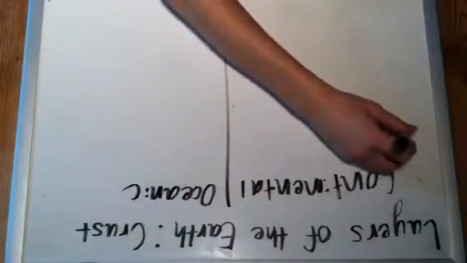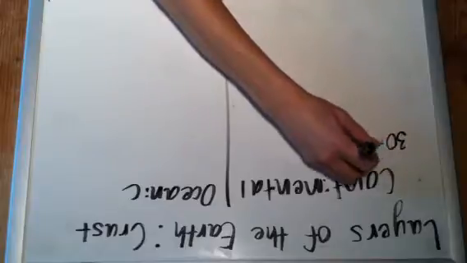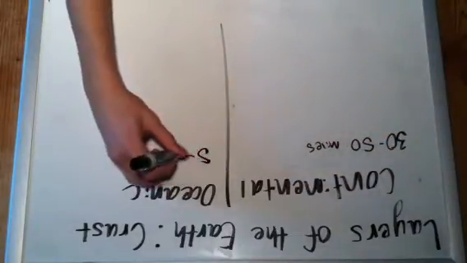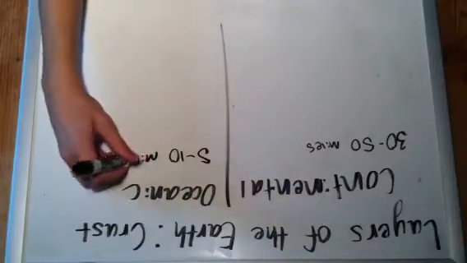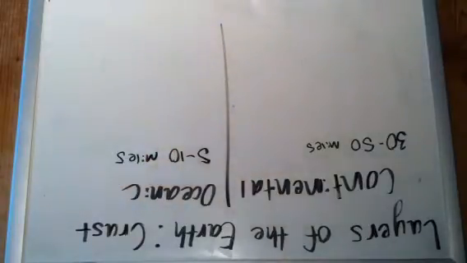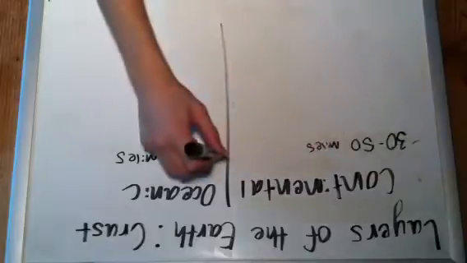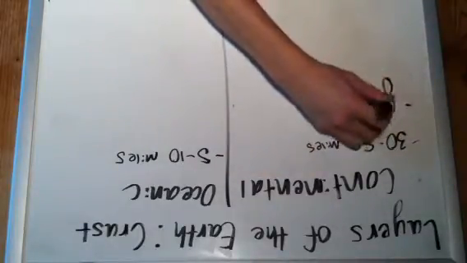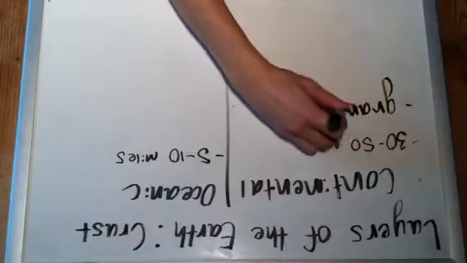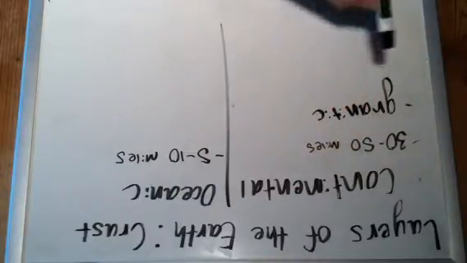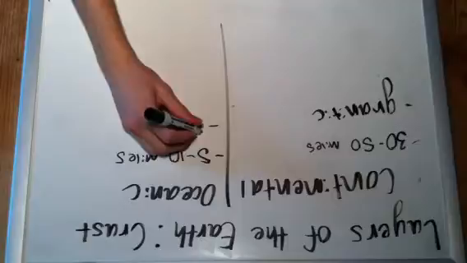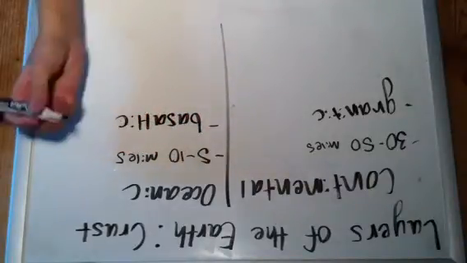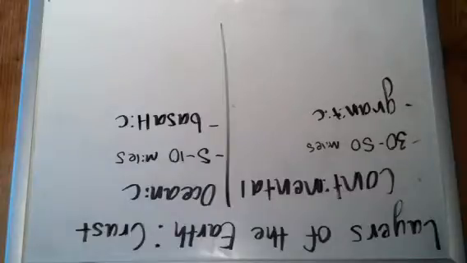So we already have the 30 through 50 miles compared to the 5 through 10 miles. But then there's also other things, such as that continental crust is generally granitic in its composition, coming from the word granite, and oceanic crust is generally basaltic in its composition, coming from the word basalt.